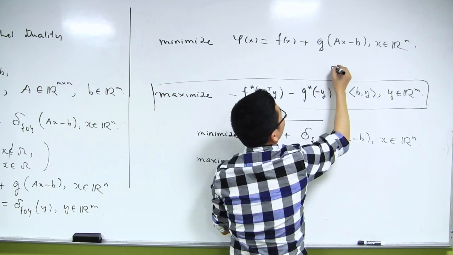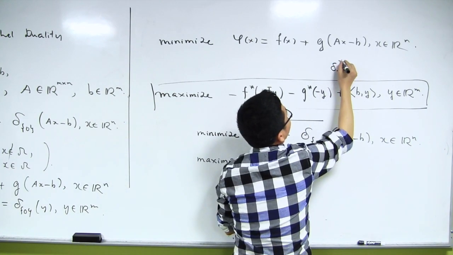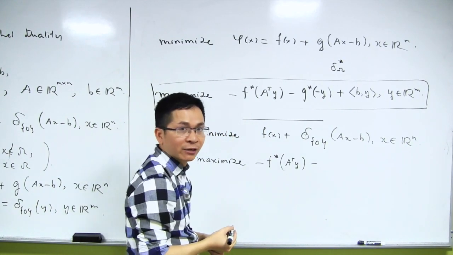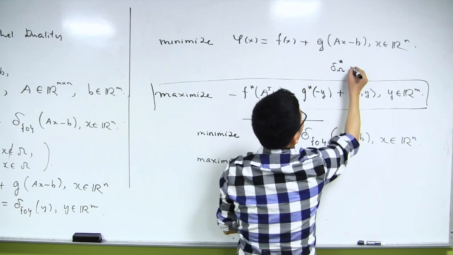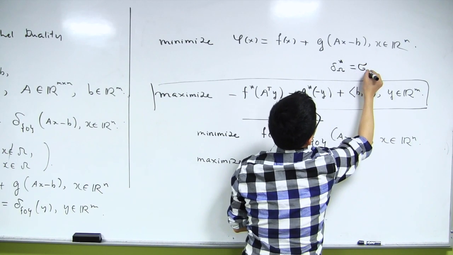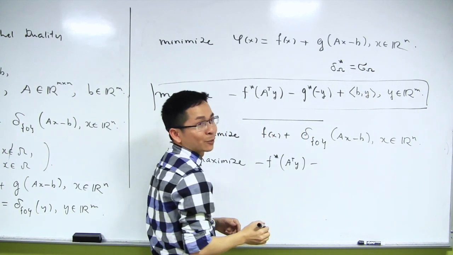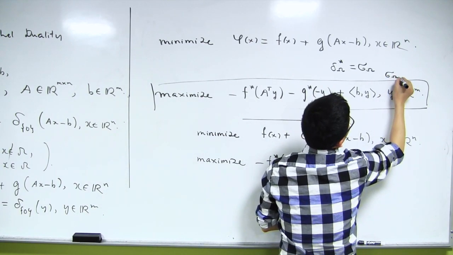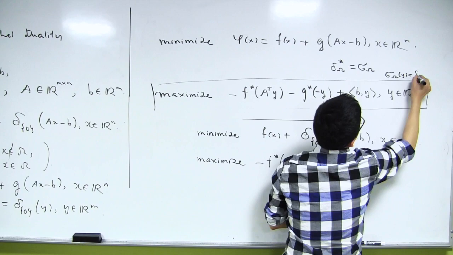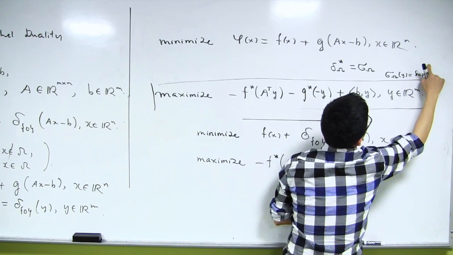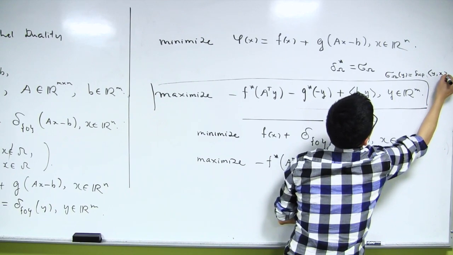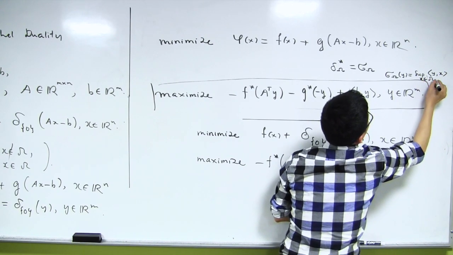Remember that the Fenchel conjugate of the indicator function associated with omega is actually the support function associated with omega. And recall that sigma omega of y is the supremum of the inner product of y and x, where x belongs to omega.